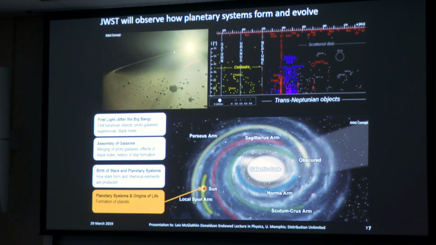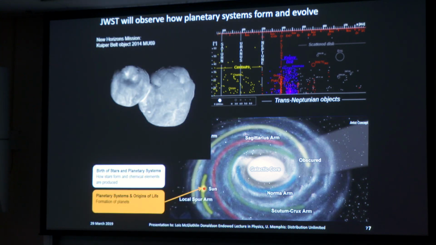These rocks and chunks of debris are called trans-Neptunian objects, and they're sometimes called Kuiper belt objects. And they're of great scientific interest because they are primordial pieces of material left over from the birth of our solar system, the Earth, and everything that we know. So we want to study that with JWST, and NASA wants to study it with all of its missions.